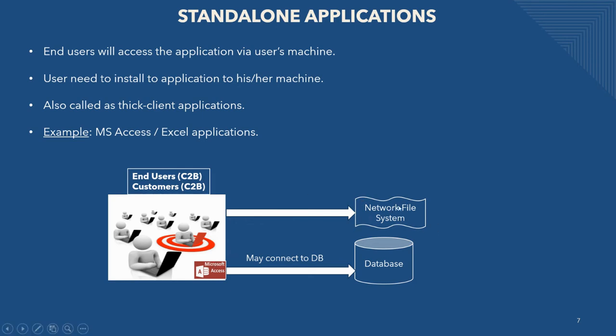If the standalone application integrates with the network file system, that is only accessible to organization-wide employees. Even with a database connection, it's only available to a certain set of people who have installed the application on their local machine.